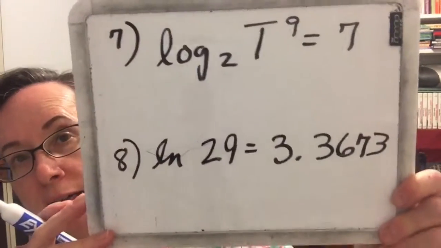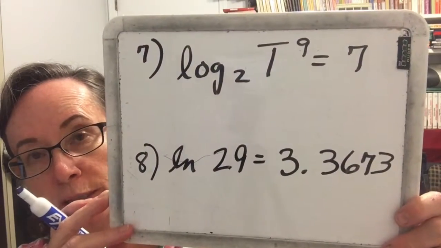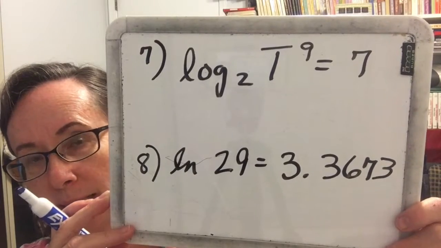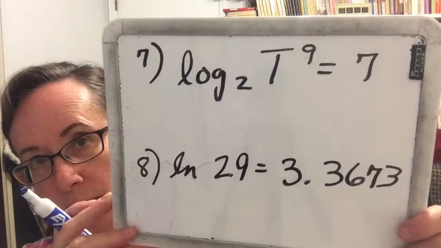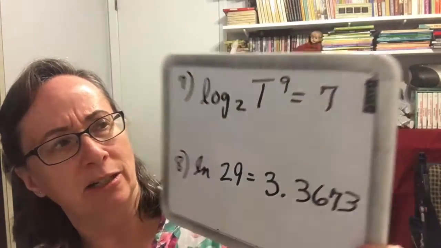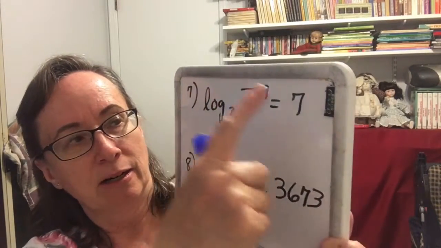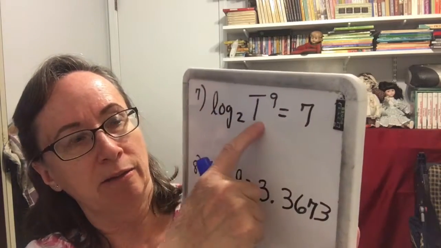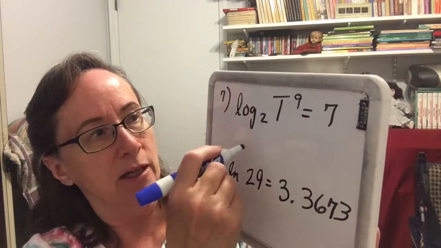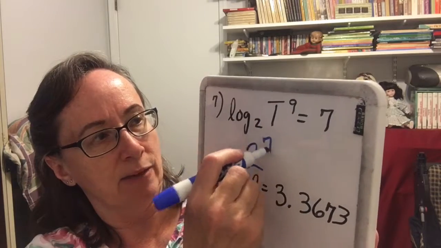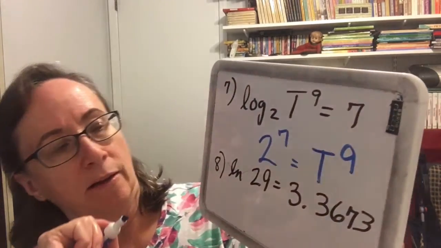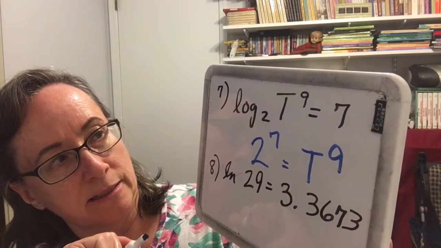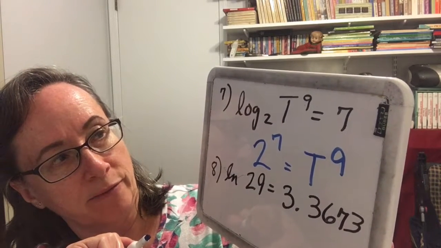Okay, so now we're doing the vice versa of this one. We're going to turn each one of these logarithmic statements into the equivalent exponential equation. So to me, this is a little bit easier. You just take the base, raise it to what's over there, and you get the argument. So we get 2 to the 7 is t to the 9. Okay, so that is equivalent to what we have there.